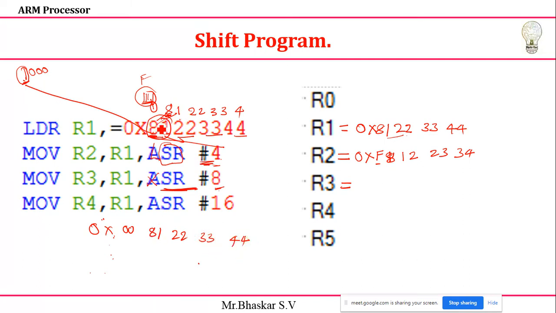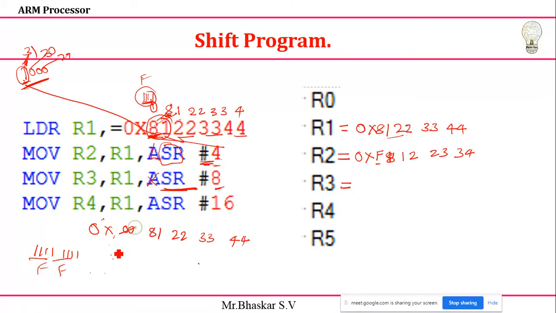Next, you check the MSB value of this. 8 means it is 1000. 1000 means the MSB bit is the 31st bit, this is the 30th bit, next the 29th bit. The 31st bit is 1. Then to complete 8 bits, I need to fill the value 1111 1111. Instead of zeros, I need to fill 1s. So 1111 1111 means I'll get FF.